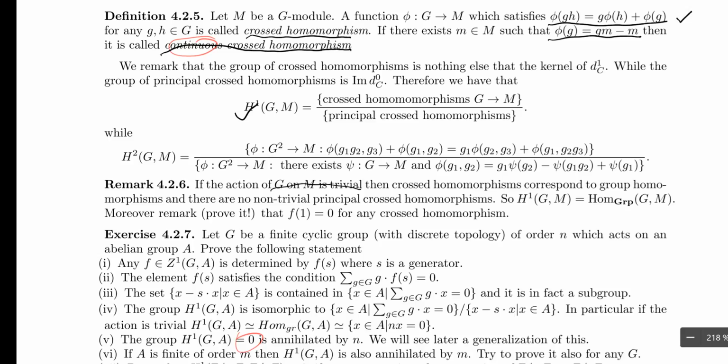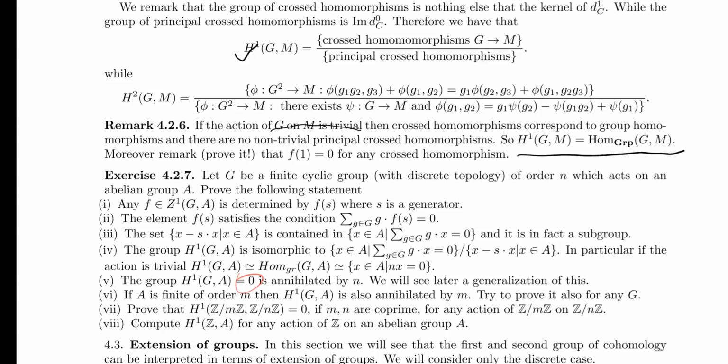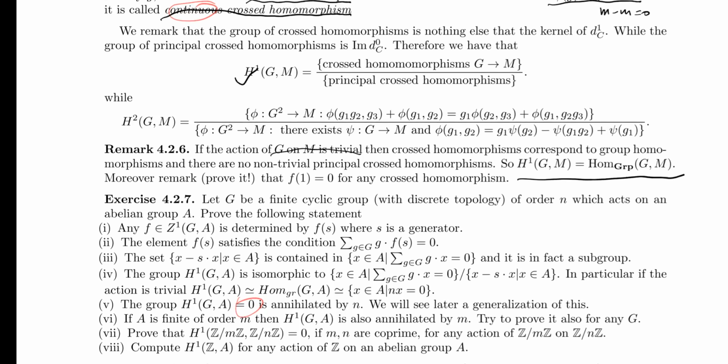If phi is just a group homomorphism, then it is principal if and only if phi is trivial. Because in this case, gm minus m is 0, so phi(g) for any g is 0, so phi is trivial. In this case, H1 is just Hom. Okay. So with this left as an exercise, we finish this section.